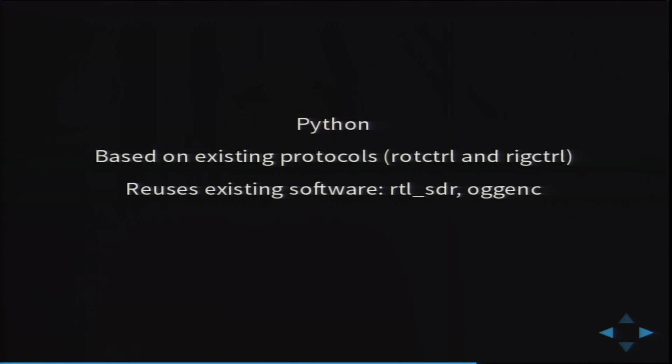And also, we didn't want to build the software-defined radio software from scratch, because it was practically impossible. So we use existing software such as RTL-SDR and Multimon, and we also use OGG for the encoding.